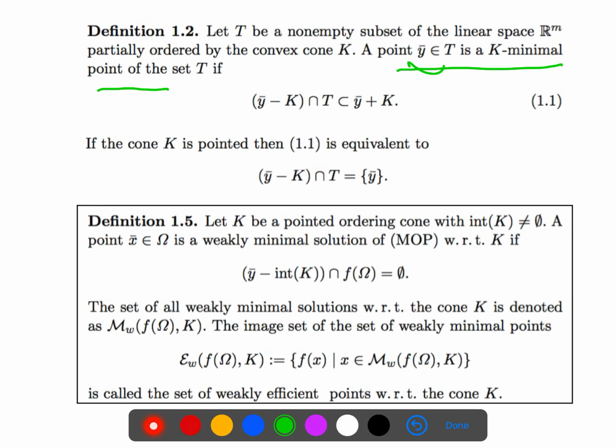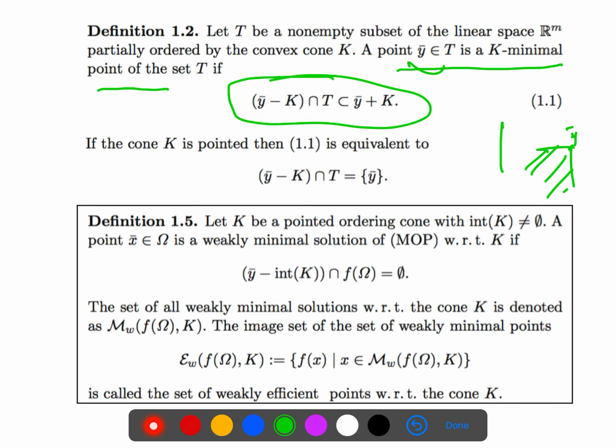There are some points that if you make the intersection of y bar minus k with T, it should be y bar.